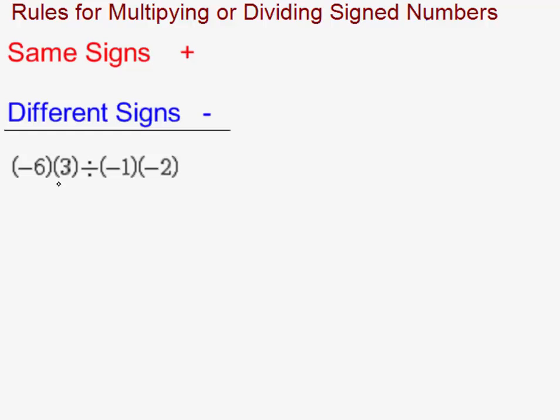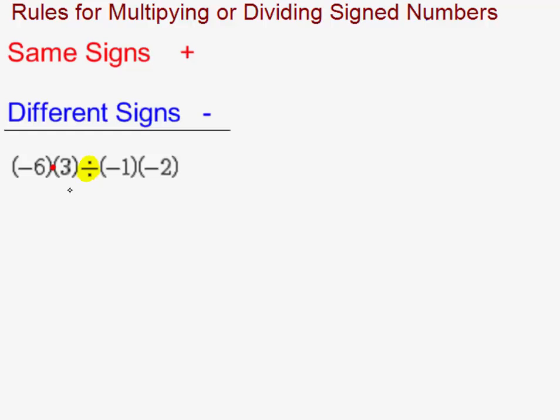Let me color in red the operations. Here I have the number negative 6 in parentheses, and I have the number 3 with no sign in between them. This is implied multiplication, so I'm going to put a multiplication dot in between. Then after this part of the problem, we are to divide, so that would be my next operator. Let's not forget that one.